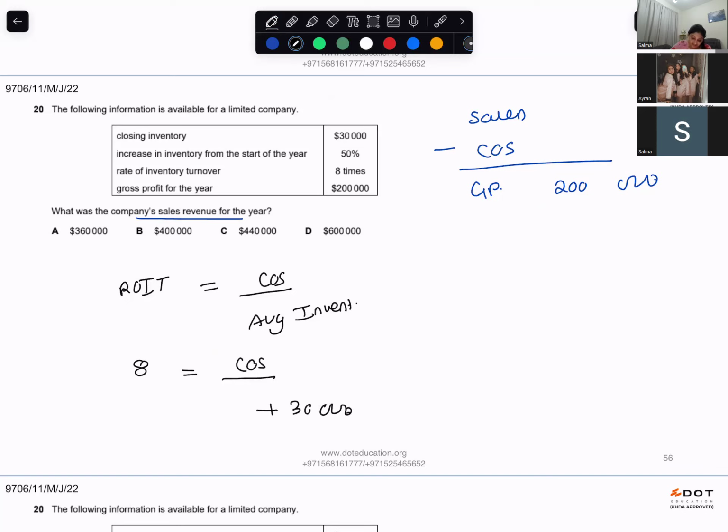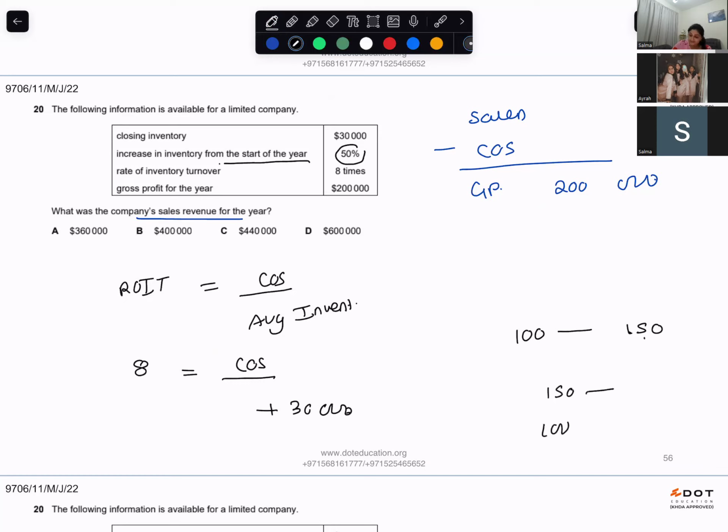Increase in inventory from the start of the year is 50%. So if I started my year with 100, I have reached 150.